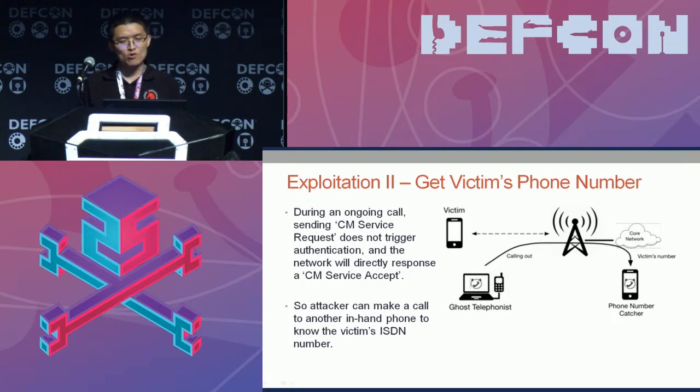The network will directly respond with CM service accept. In this way, we can see the victim's phone number on the screen of this burner phone. We call it the phone number catcher.